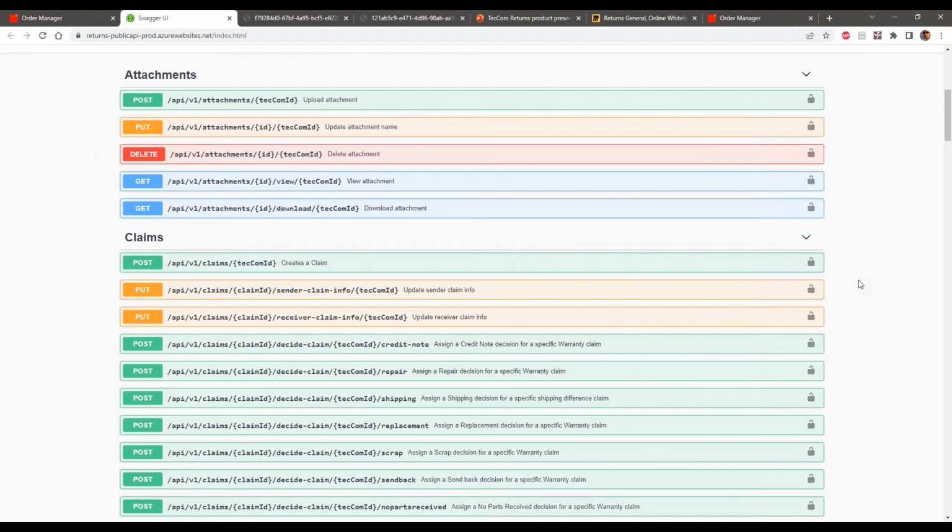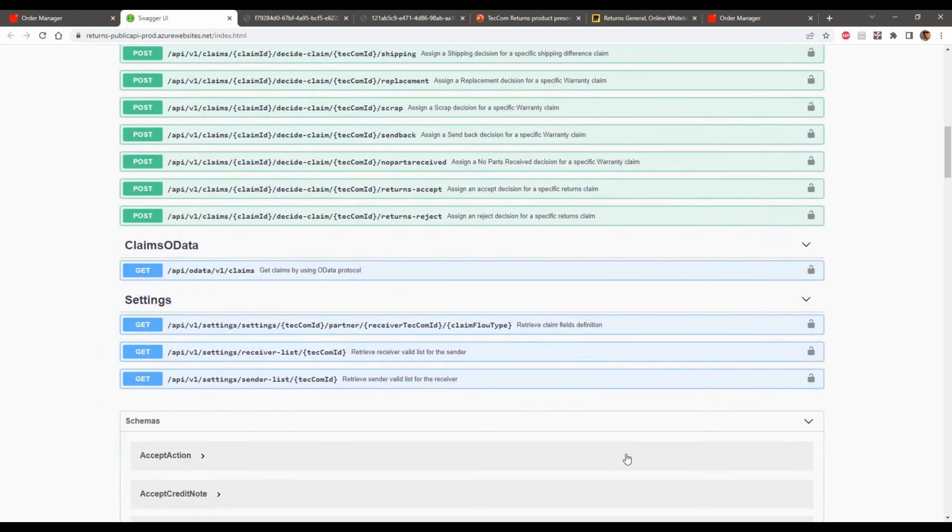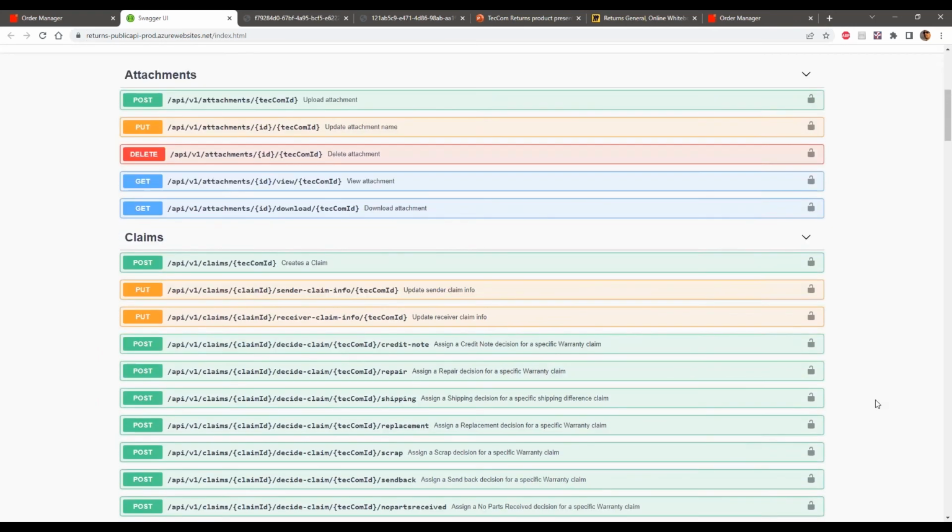Or you want to connect all the receivers out there because your solution is maybe not able to send out claims via email or to connect to the TecAlliance world, or you want to use the claim creation link. All these things you are able to use if you use our API.